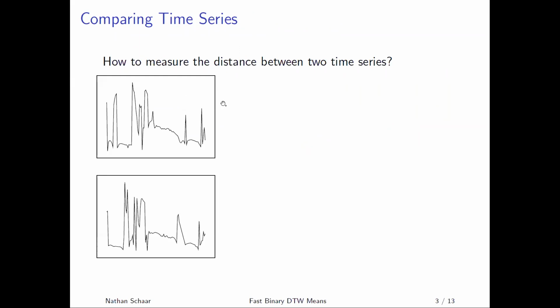For this, we might want to try to use the Euclidean distance, but then we run into several problems. Those time series could have different input length, and the Euclidean distance only works for the same length.